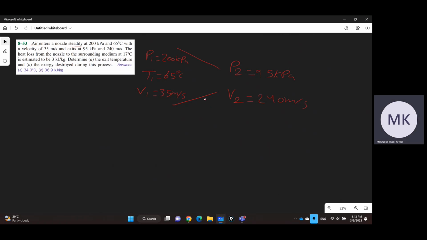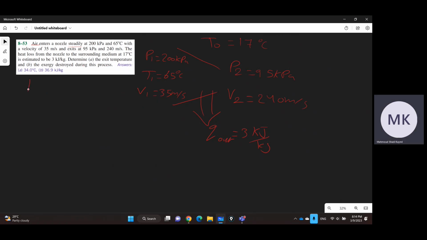We also have heat loss from the nozzle, so it's not adiabatic. The heat loss is 3 kilojoule per kilogram. He gave us that the surrounding temperature is 17 degrees centigrade, as the nozzle is rejecting heat to the surroundings.